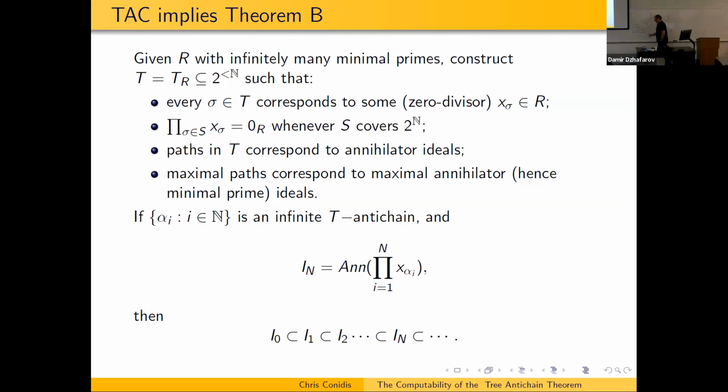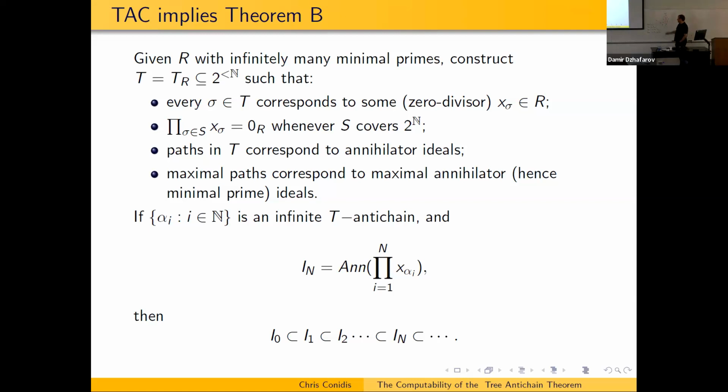And not only that, but it's a property of the construction here, these annihilators will strictly grow and grow, and that's basically because of the second bullet point there, that the product is 0 whenever you cover 2 to the n. That may be a little bit opaque, but it's true.